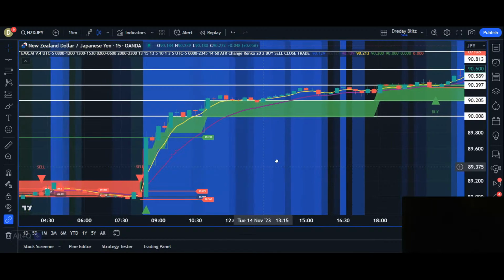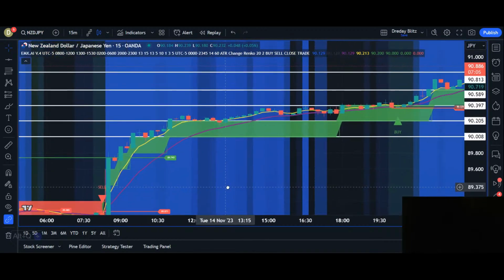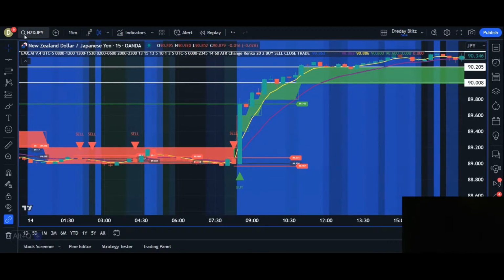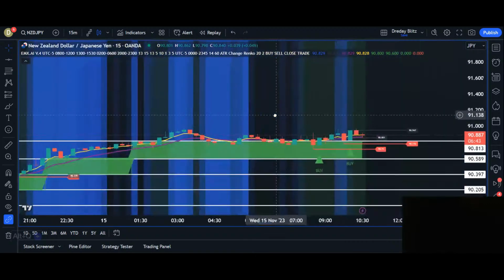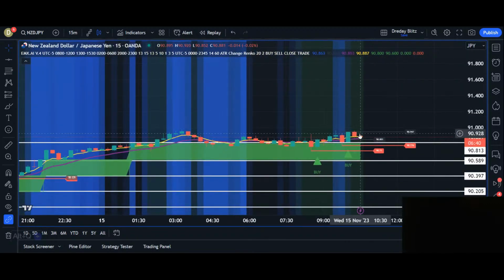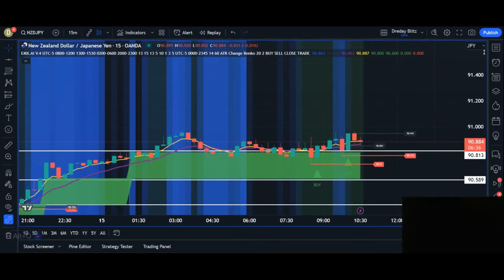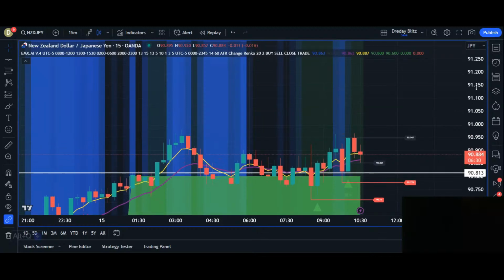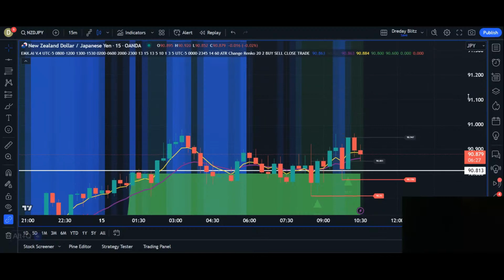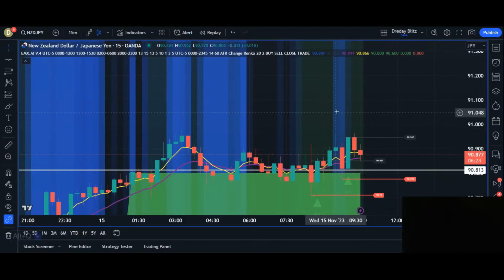So at the beginning of more or less New York session, the price was at roughly 89.197, and right now the price is at 90,876.